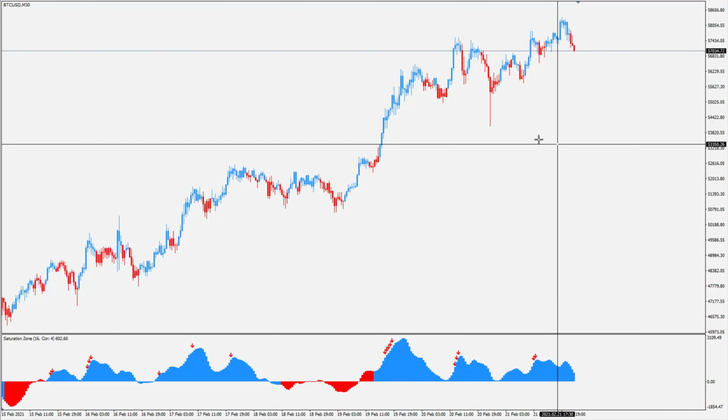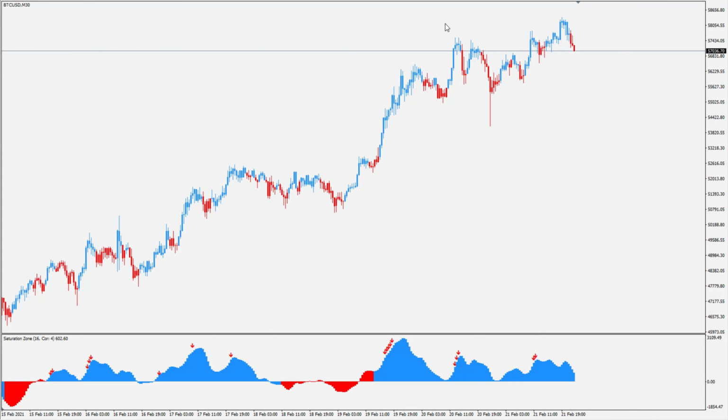To better demonstrate the functionality of this amazing expert, let's take a look at one example. Here is the chart of Bitcoin versus the US dollar. Price upward momentum is getting weak and a divergence pattern is seen as well.